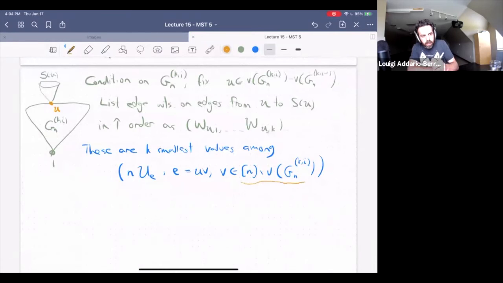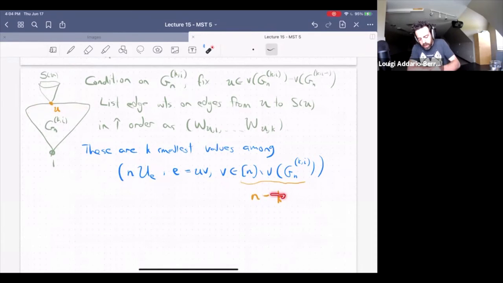So it's the k smallest values among a set of size n minus something; we don't know exactly how big this graph is. We add k neighbors at the first step, and then maybe as many as k squared at the second step, maybe less if there's some overlap, and so on. But certainly at step i, we add at most k to the i edges, and we're thinking of k as bounded.